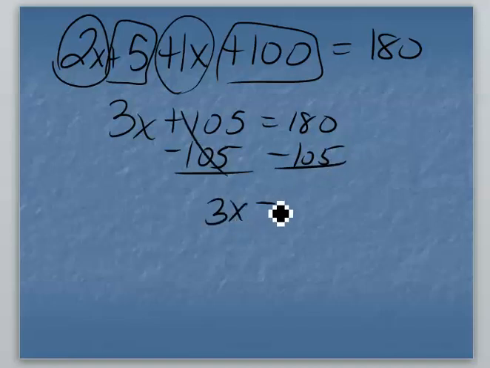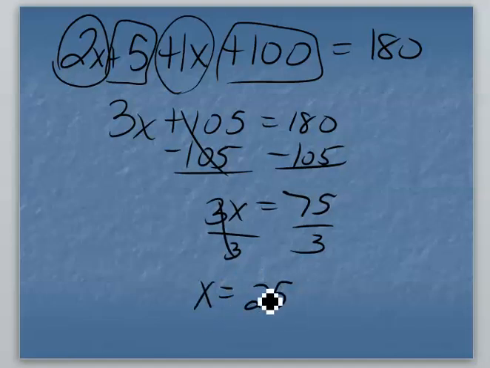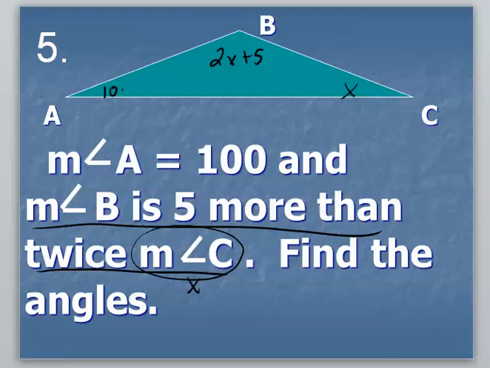I know that 3x is 75. And if we divide by 3, x is 25. I'm going to go back to the problem and read what it asked me to find. It asked me to find the angles. I know that x was 25, so C is going to be 25 degrees. I already know A is 100 degrees.